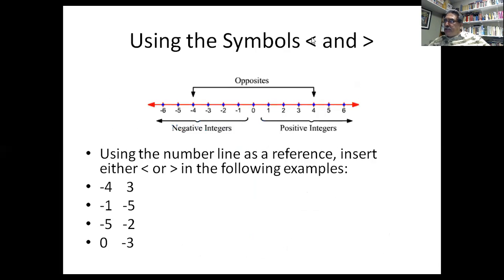These symbols we use to show greater and smaller. For example, it says using the number line as a reference, insert either this sign or that sign. Now, when you have this one, it means the number is here and the other one is here, we say this number is less than the other one.